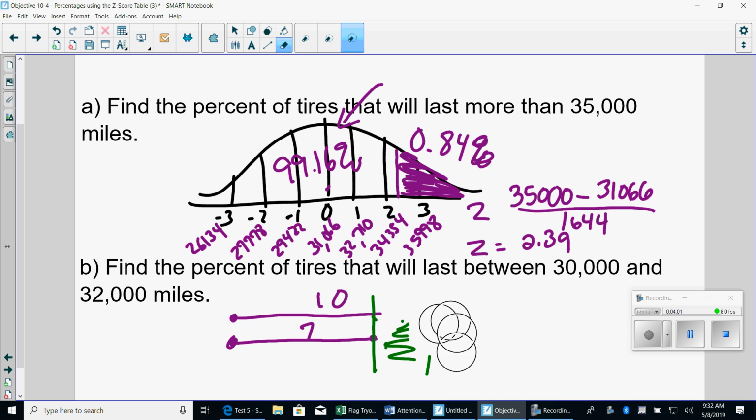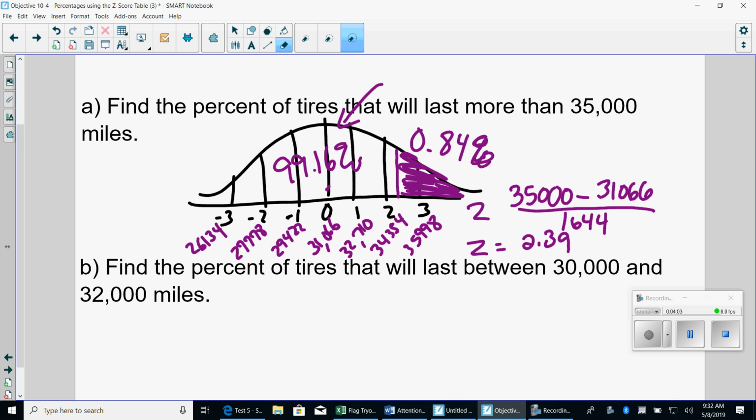Let me explain so I don't confuse you. If I was doing this problem, if I marked 30,000, that would be somewhere right here. You with me? Let's just say that from there over would be 40%.